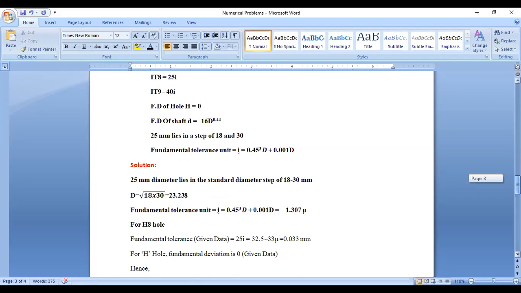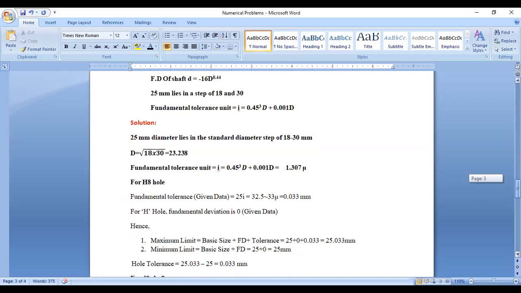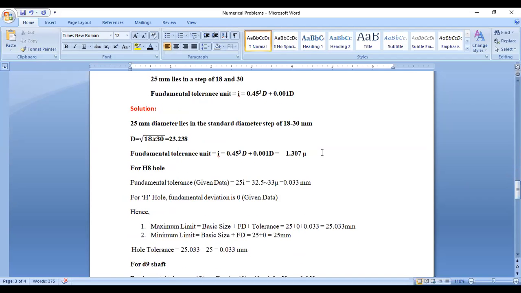So how to start this problem? I will just explain it. First, you have to find out the D. How to find out this D? For that, you have to take the upper and the lower diameter of the step given. 25 mm lies in a step of 18 and 30.